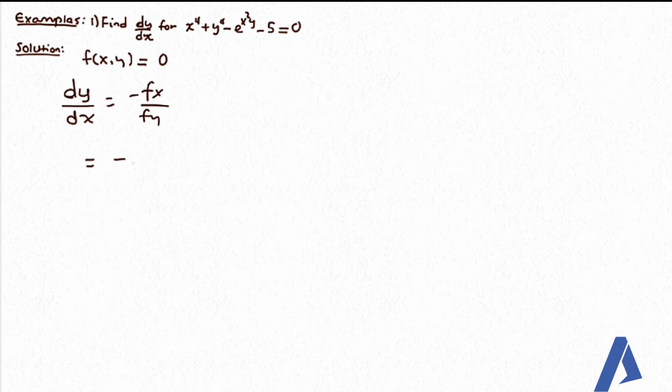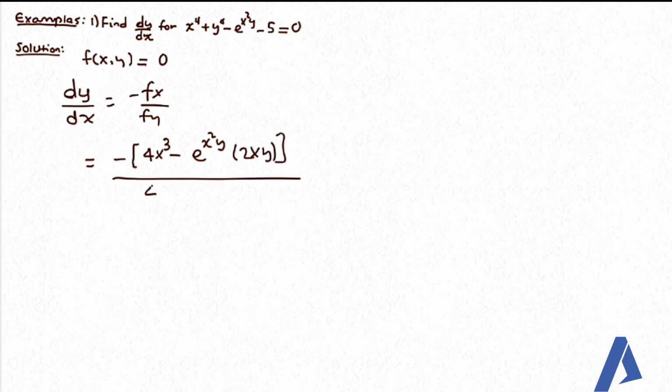Minus fx, with respect to x: 4x to the power of 3 minus e to the power of x square y. Since this is an exponential function, ... because it's considered to be a constant partial derivative ስለሆነ, times 2xy, divided by 4y cubed minus e to the power of x square y times x square.